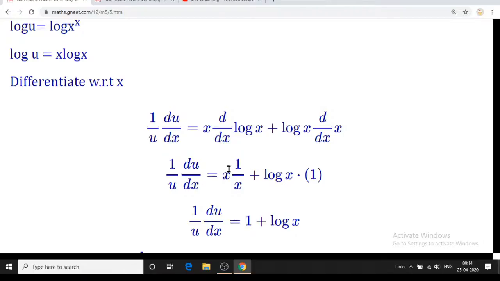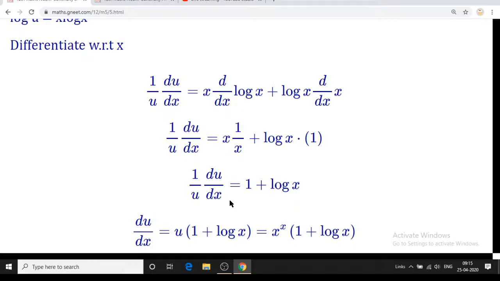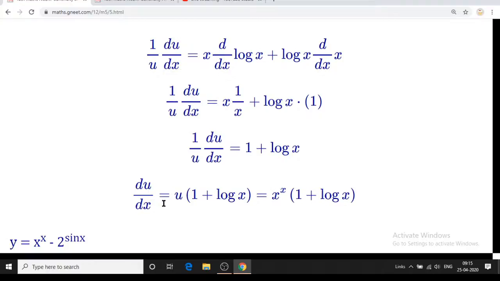The derivative of log x is 1 by x, plus x is 1, so this x and x will get cancelled. We get 1 plus log x is 1 upon u du by dx. So what is du by dx? It is u times 1 plus log x, that is equal to x raised to x times 1 plus log x.